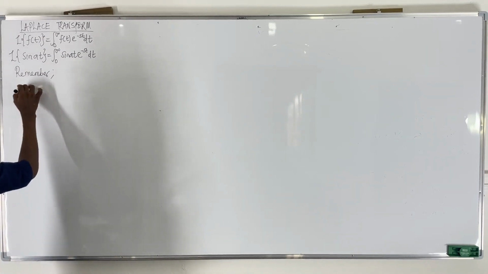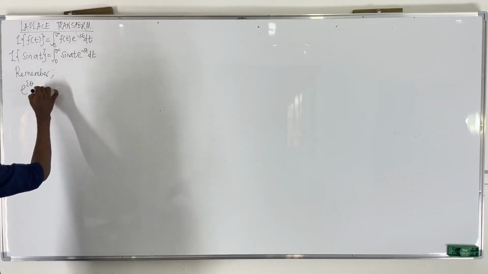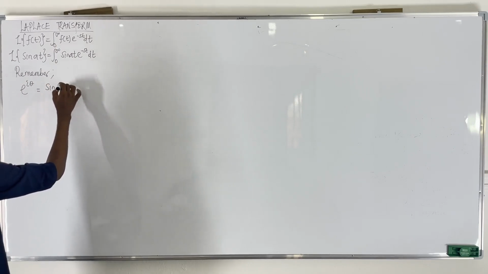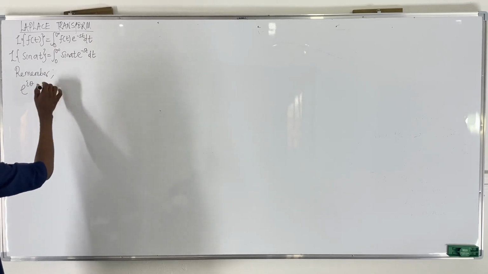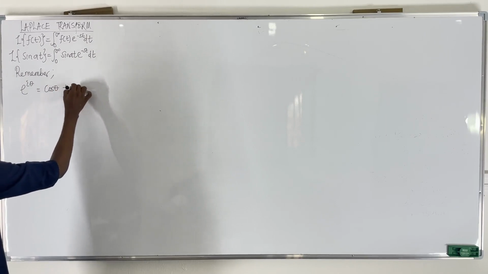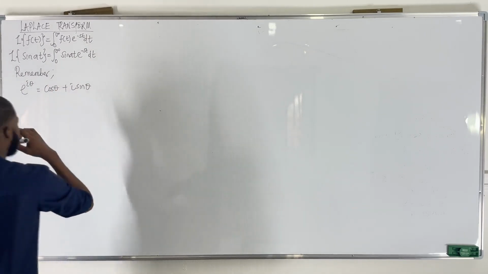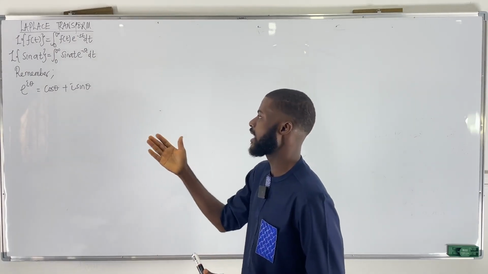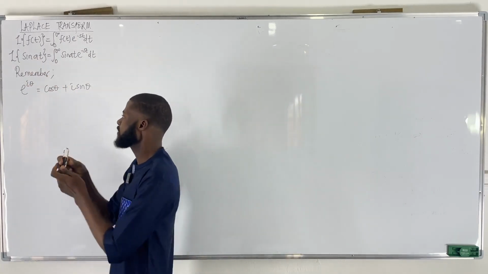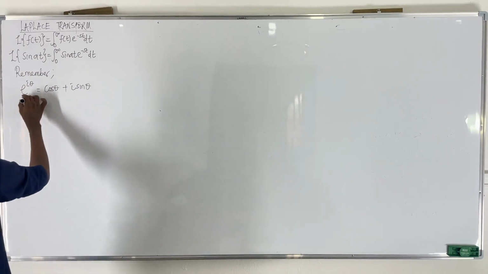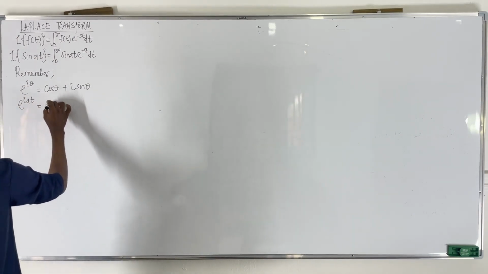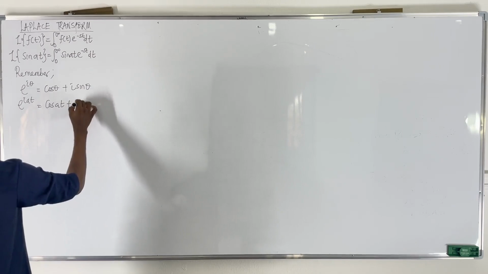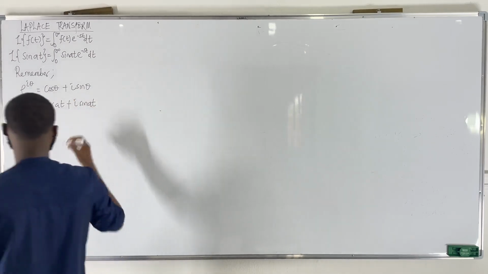that e to the i theta is equal to cos theta plus i sine theta. You need to remember this. But of course, we do not have theta. What we have is at. So this will be e to the iat equals cos at plus i sine at.